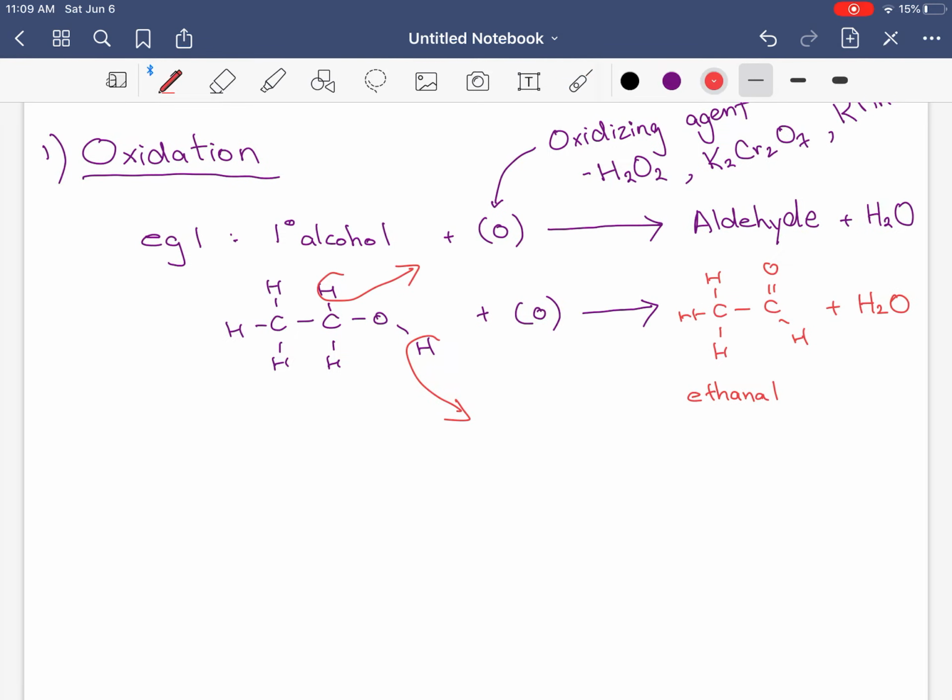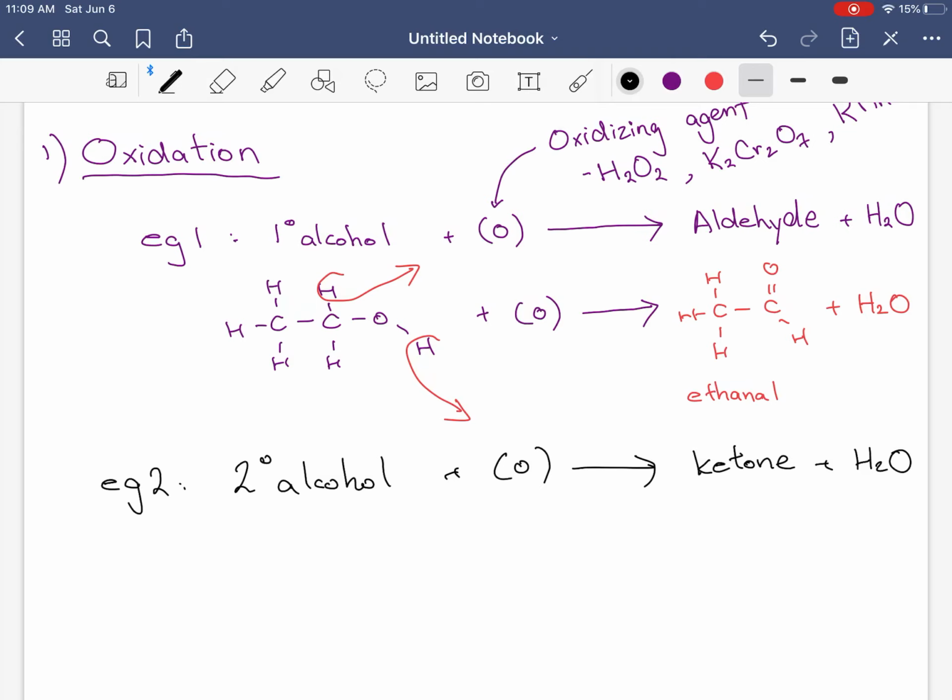Now, we've all heard of other types of alcohol, like a secondary alcohol. What would a secondary alcohol do? Would a secondary alcohol also make an aldehyde? Well, it doesn't. I can tell you right now that a secondary alcohol makes a ketone. So let's take a look at a secondary alcohol.